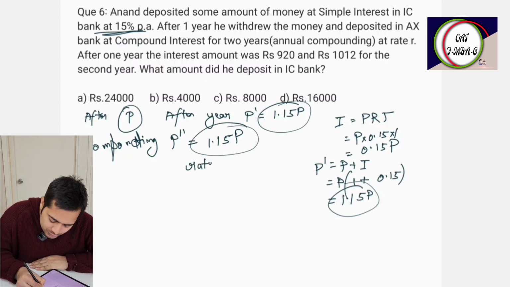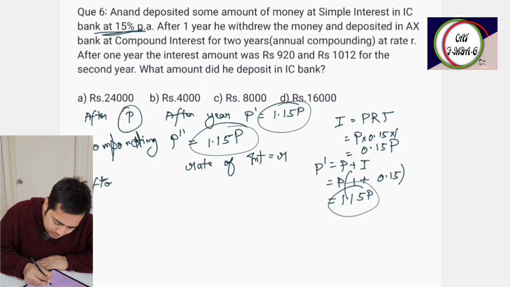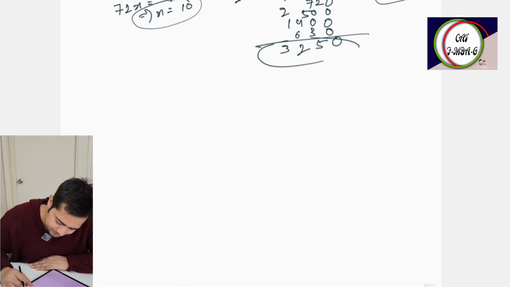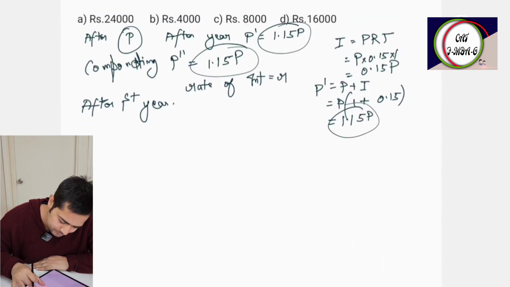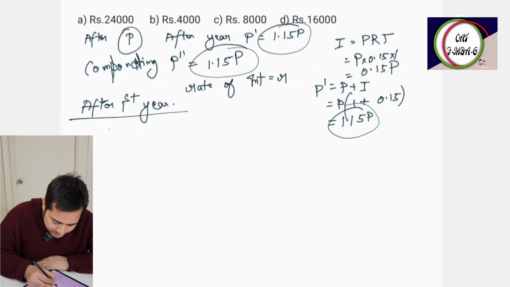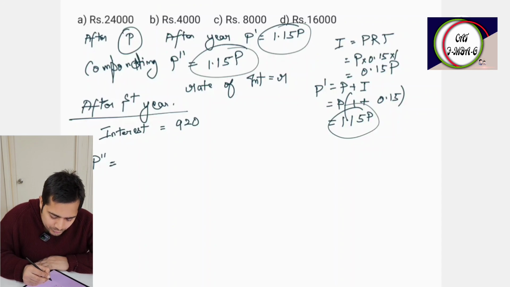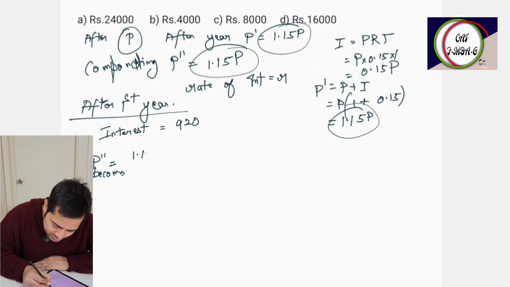Our rate of interest is equal to R. After first year, it is given that interest is equal to 920. For the compounding formula, P double dash is equal to the original P into 1 plus R by N to the power NT.